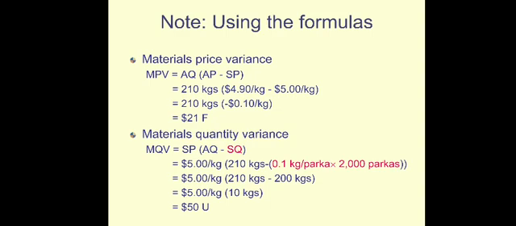Minus, okay, now how to calculate the standard quantity? The standard quantity is, for one parka, the standard is 0.1 kilogram times the production is 2000 parkas. So 0.1 kilogram times 2000 parkas, the answer is 200 kilograms. So the formula, you check there, $5 per kilogram times 210 kilogram minus 200 kilogram.